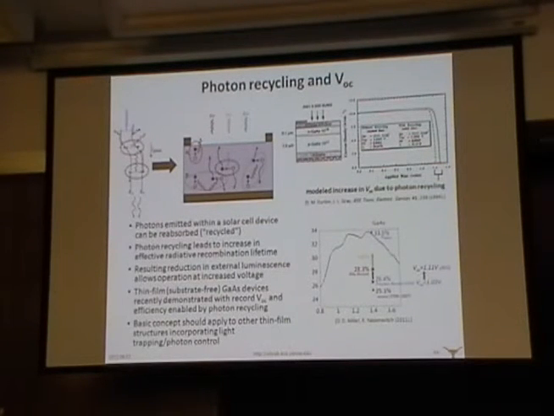It effectively allows you to have an increased radiative recombination lifetime, or essentially, at a given bias voltage, a reduction in the external luminescence. So you can get to a larger bias voltage with the same external luminescence that you're required to have by detailed balance, and that allows you to operate your device at a larger bias voltage when photon recycling effects are taken into account.